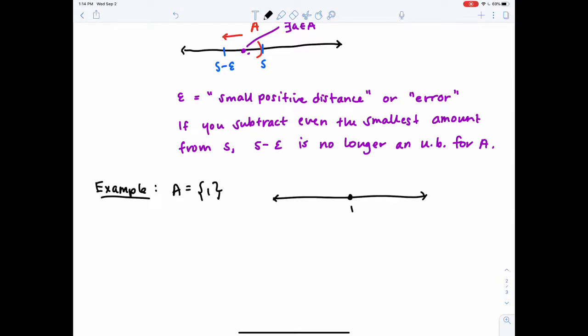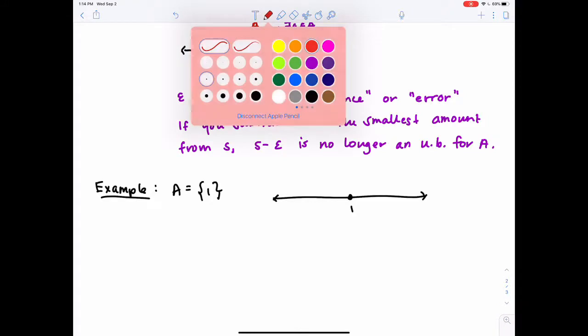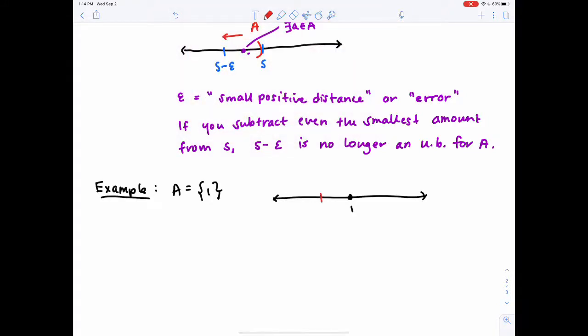If I wanted to subtract epsilon off of that, I would get a new number to the left. Here would be 1 minus epsilon. And looking at this set A equals {1}, the sup of that set is 1. It's the max element of the set. There's only one element, and it's the largest. So that's naturally the supremum.